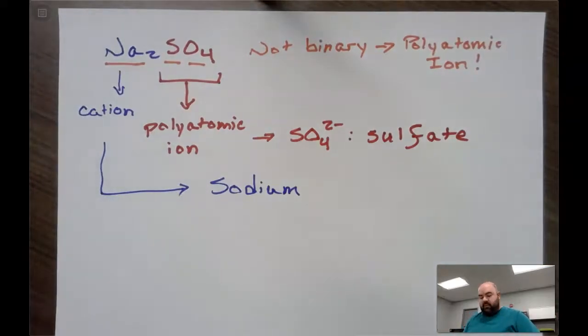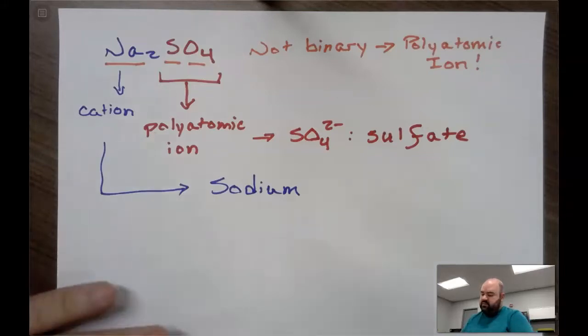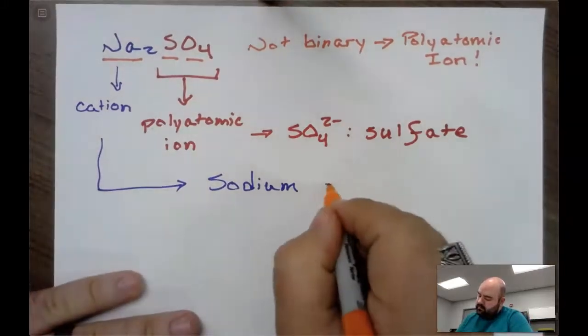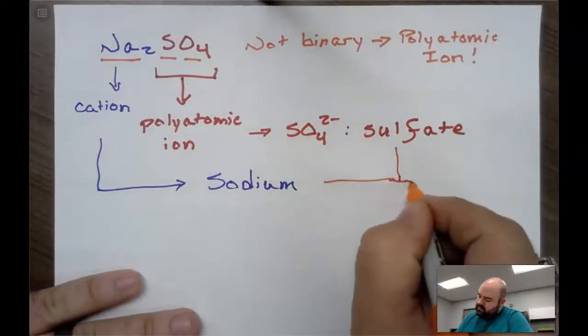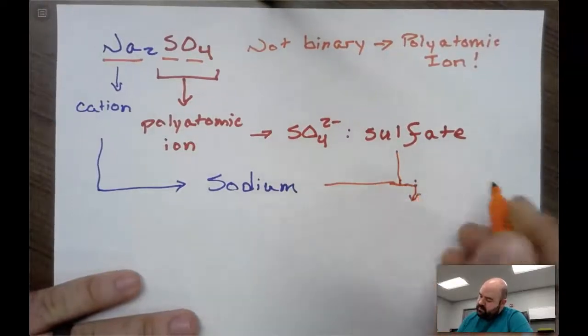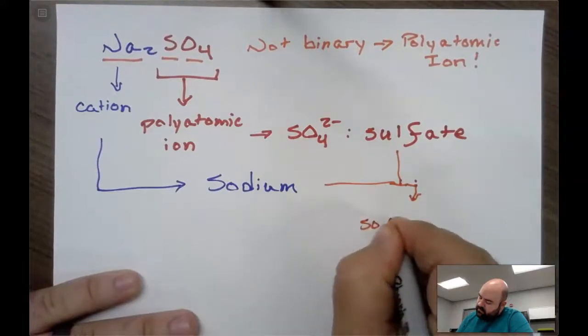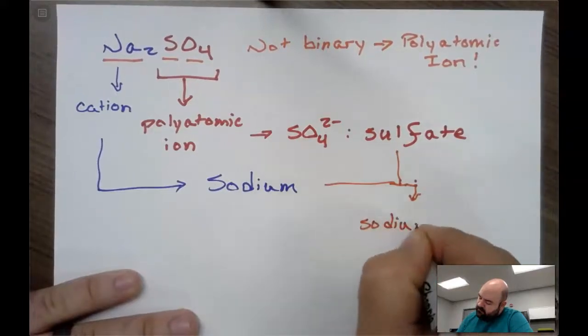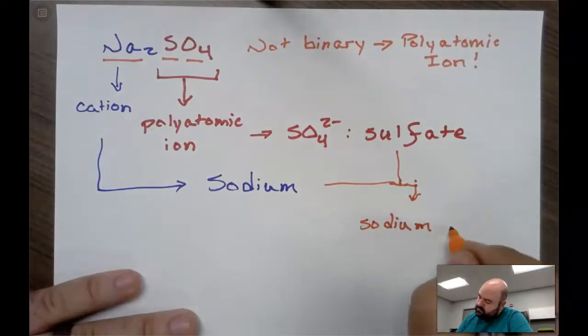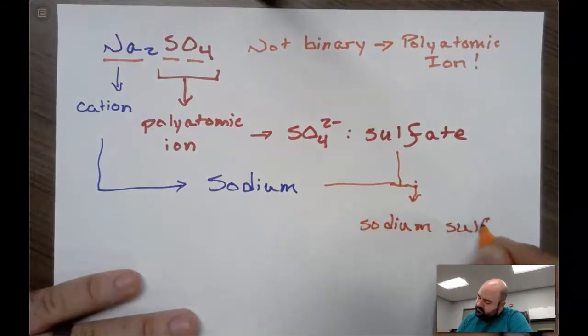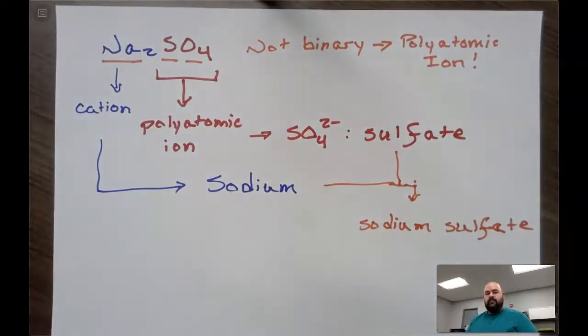So, to come up with the name for this compound, all I have to do is put these two together and call it sodium sulfate. Okay? Pretty straightforward. Not unlike the naming we've done so far. Okay?